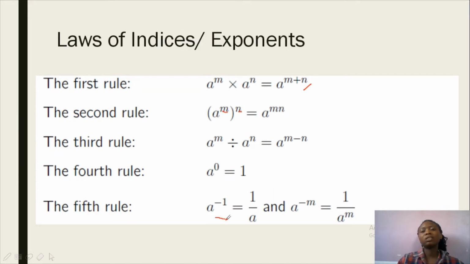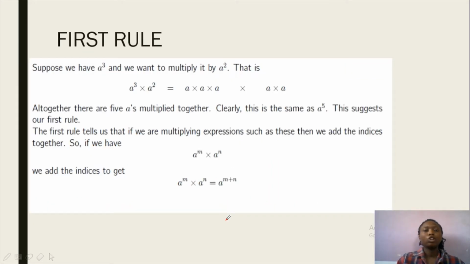Okay, so now let's go into details with these rules one after the other. For the first rule, suppose we have a raised to the power 3 and we want to multiply by a raised to the power 2. That is a raised to the power 3 times a raised to the power 2. a raised to the power 3 is the same as a times a times a, like your factorization.